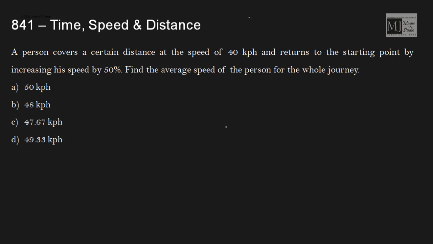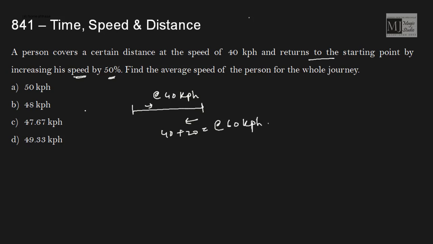Let's solve this. A person covers a certain distance at a speed of 40 kph and returns to the starting point by increasing his speed by 50%. By increasing his speed by 50%, that means here the speed is 60 kph. Find the average speed. This is very simple.